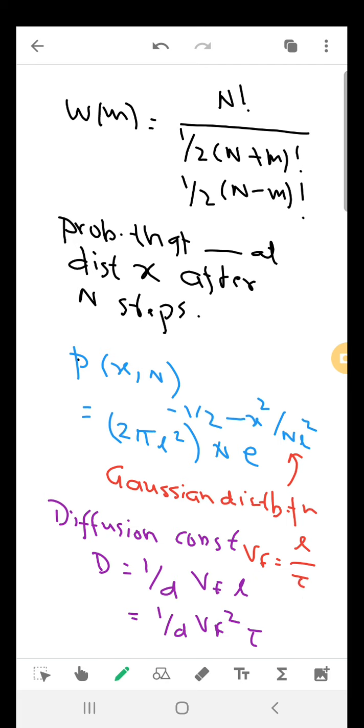So we can replace L by V_F times tau. So this is the value of the diffusion constant, and this d basically denotes the dimensionality.